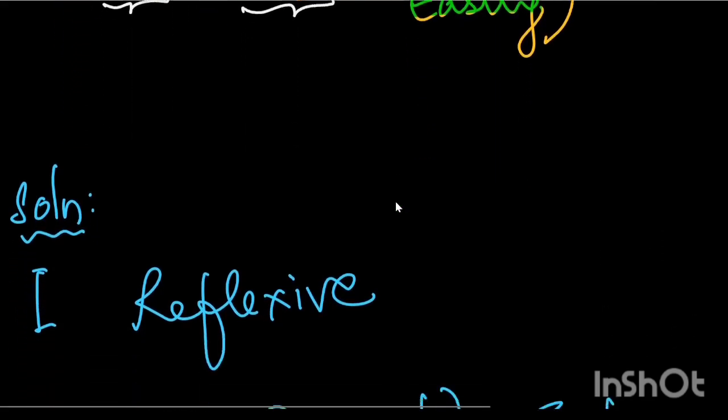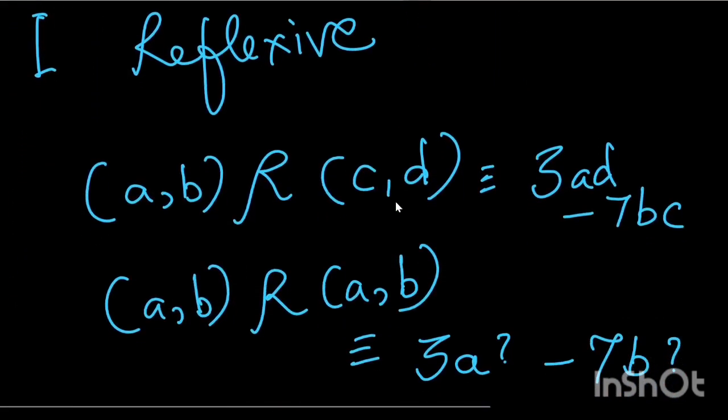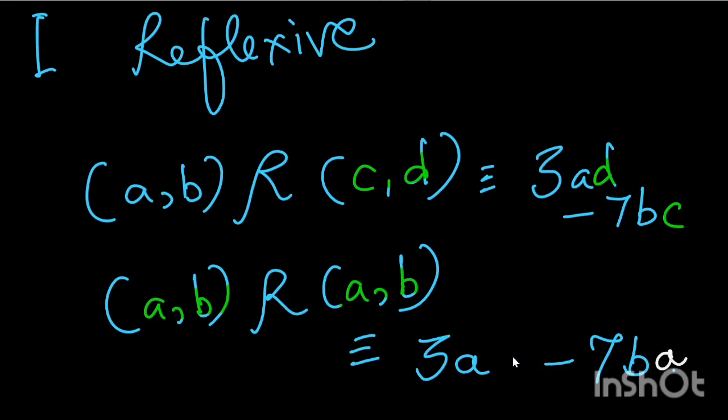So in the solution part, for reflexive, (a, b) R (c, d) means (c, d) is also (a, b). So (a, b) R (a, b). In place of c we will put a, and in place of d we will put b.